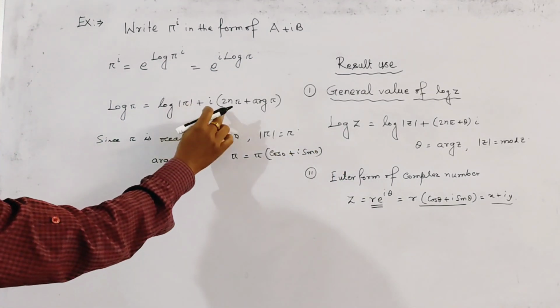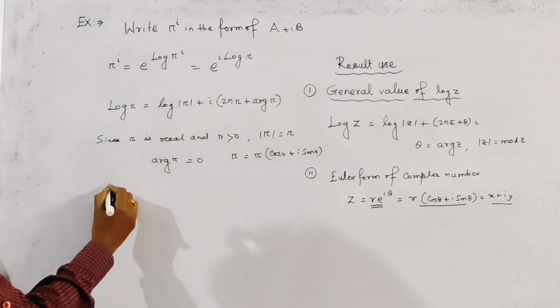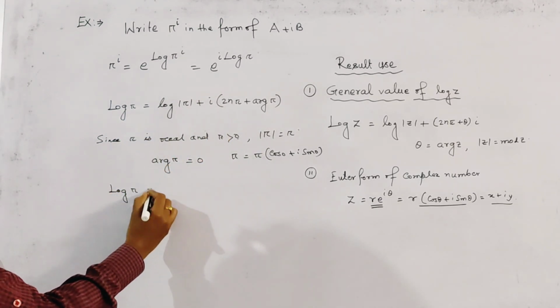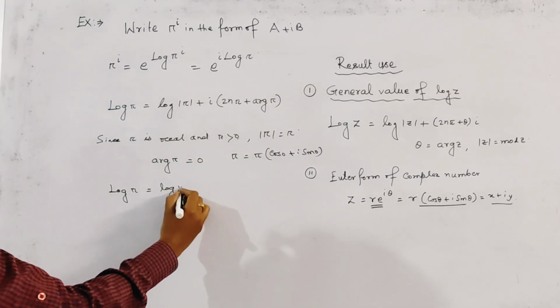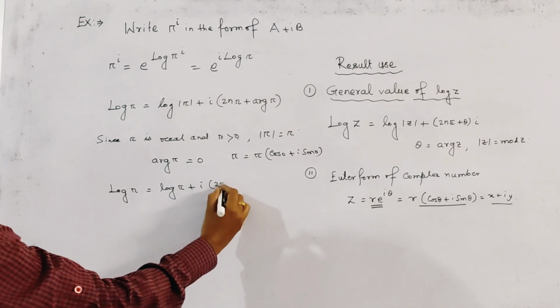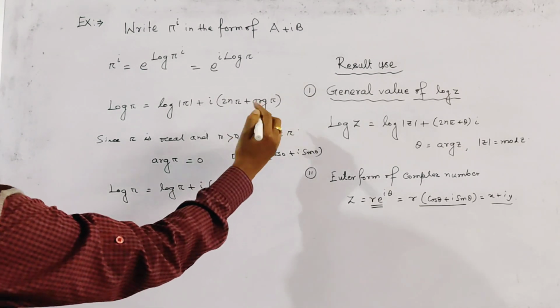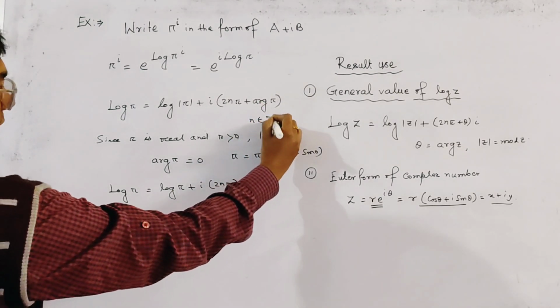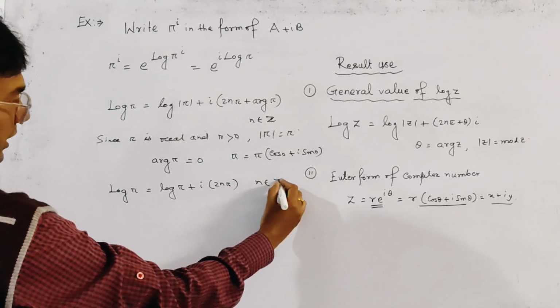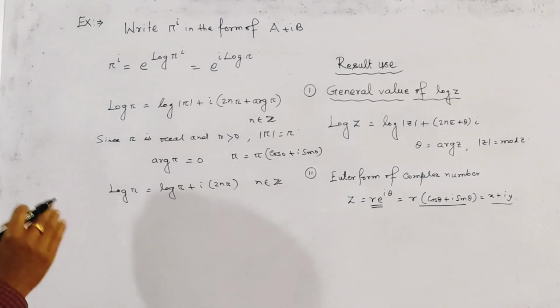So from this result we get Log pi equal to log pi plus i times 2n pi. Here n must be an integer.